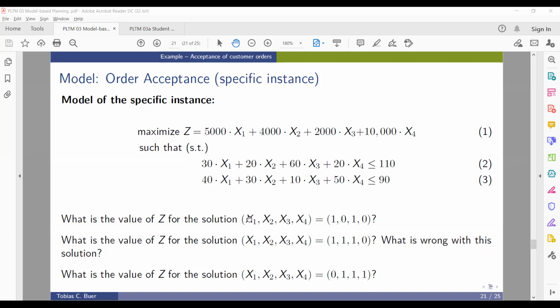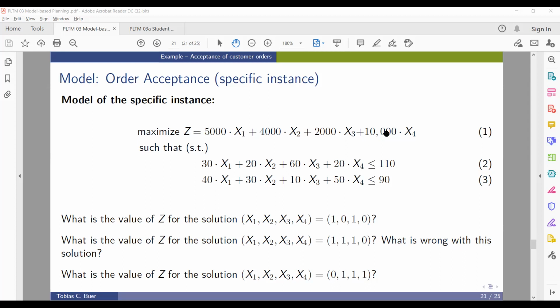It is already shown here, right? You have 4 decision variables, x1, x2, x3, x4. The value of x1 is 1, the value of x2 is 0, x3 is 1, x4 is 0 again. This is given. And now you just enter these values into equation number 1 and calculate what the outcome is.